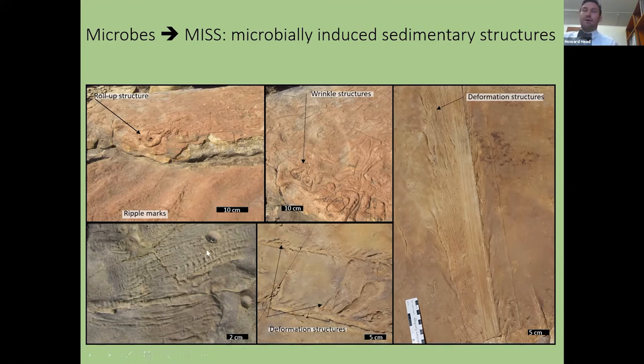We've also identified a microbial surface texture, which is similar to modern day Microcoleus species that has been identified in similar inland lakes.